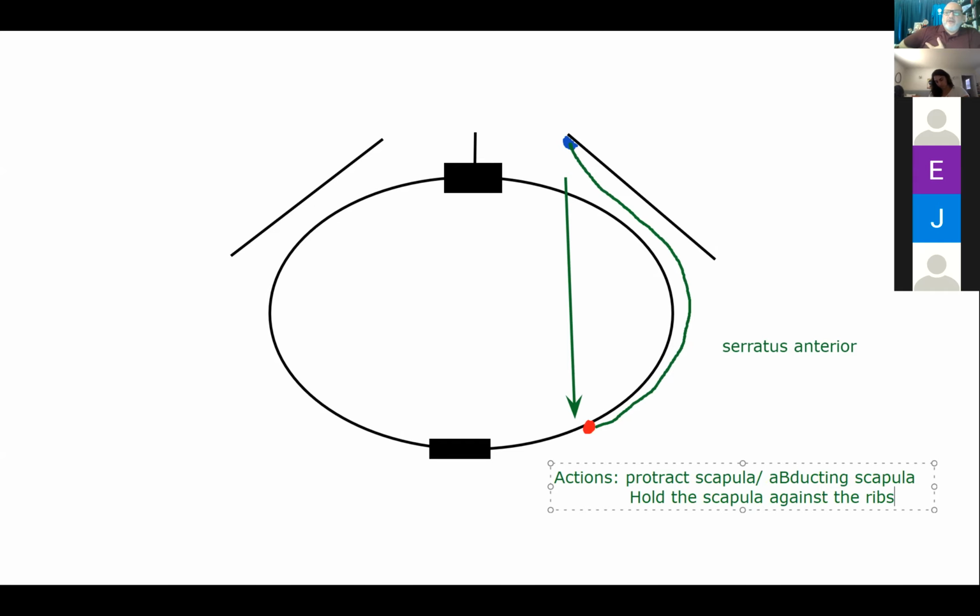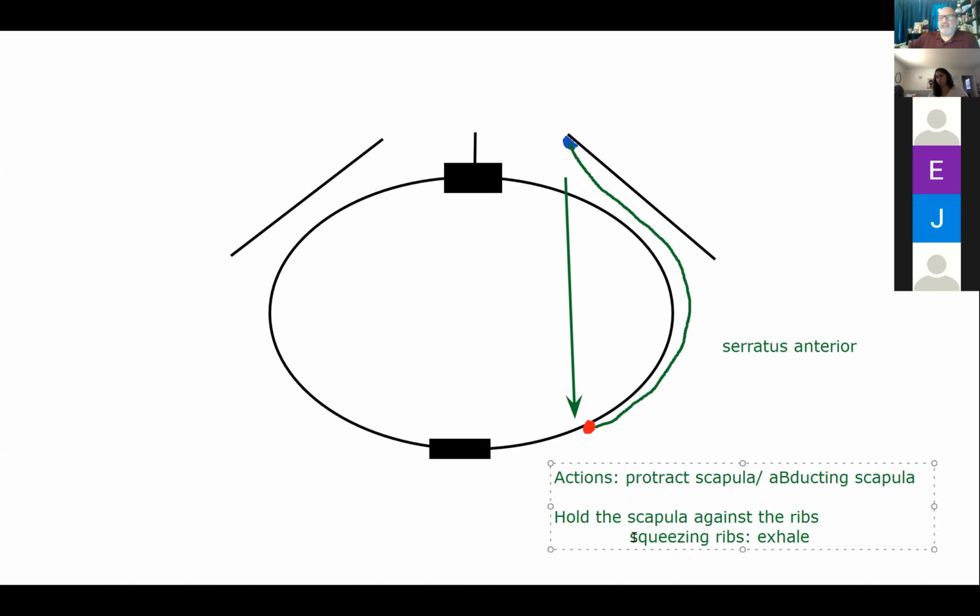But notice also, basically, it can squeeze the ribs as well. And so thereby, by squeezing the ribs, this would play a role in decreasing the volume of the thoracic cavity, which would increase the pressure and force air out. So this is an accessory muscle that helps us to exhale. So that stabilizing or squeezing the ribs is also a function that can help us in the exhalation as we're forcing air out.